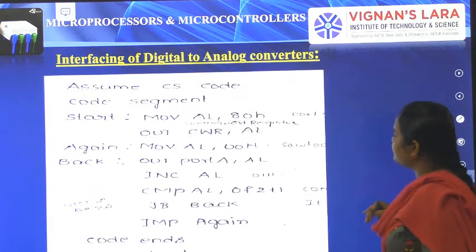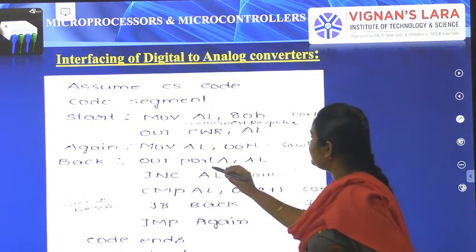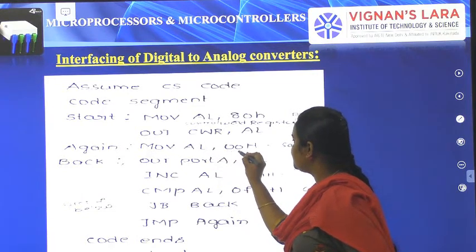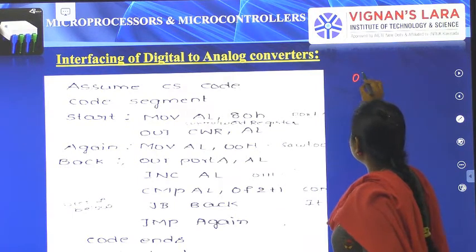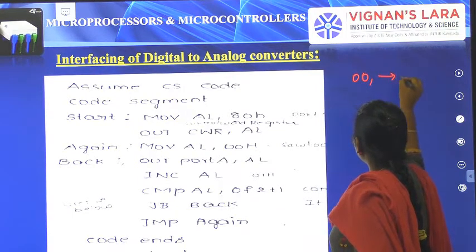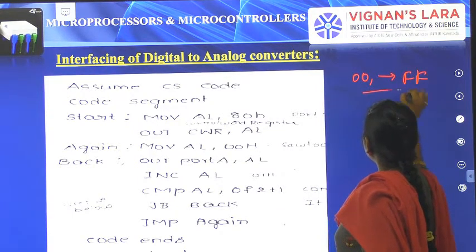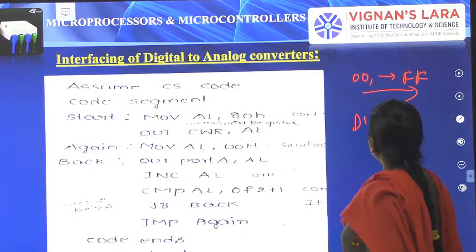This is a program. So here first of all we initialize the AL with 00. That means it starts from 00 to the final word FF for conversion from digital to analog.